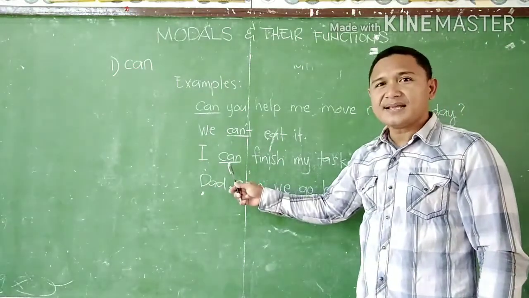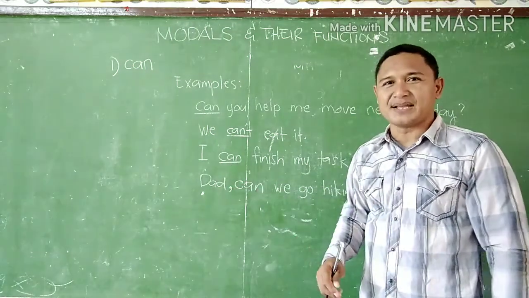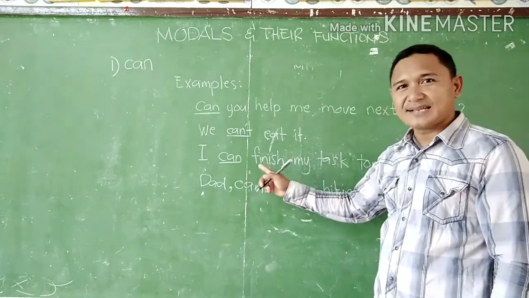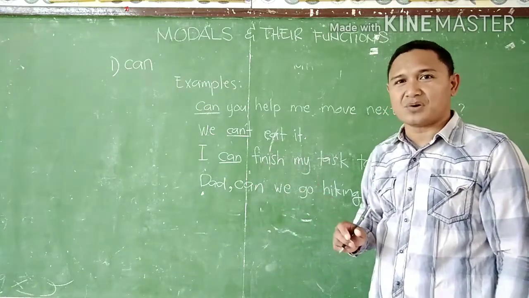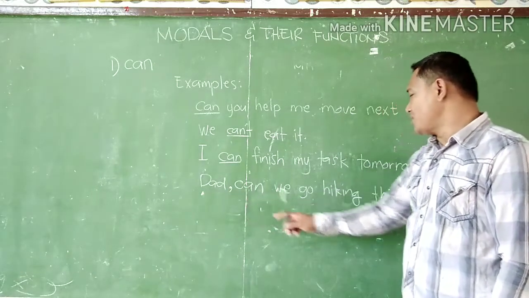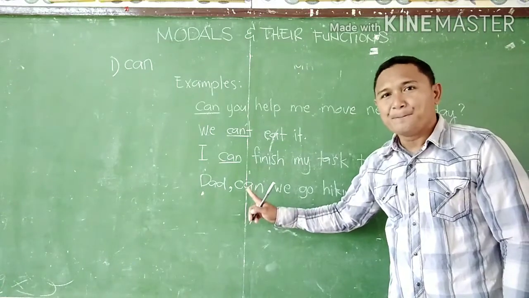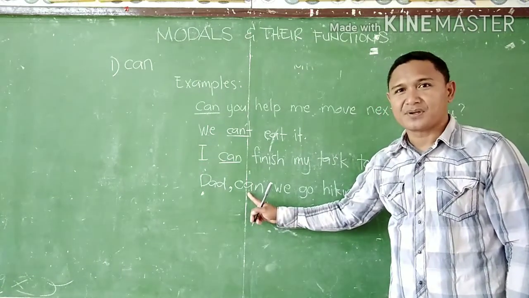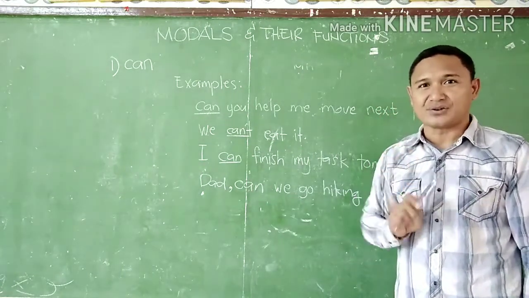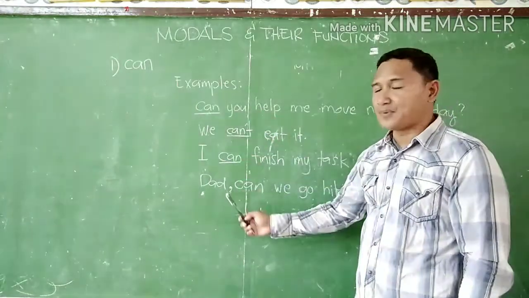Here, can is underlined because it shows possibility that the task can be done tomorrow. Next is, Dad, can we go hiking this afternoon? Can here means permission. So there are four functions of the modal can in the given examples here.